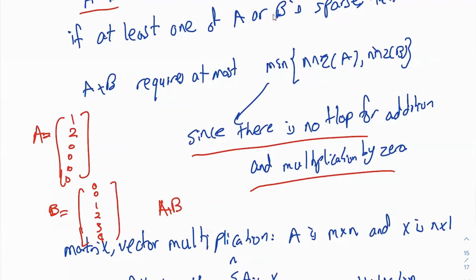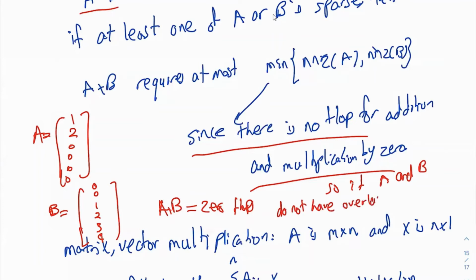So if A and B do not have overlapping non-zero elements, then A plus B has zero flops.